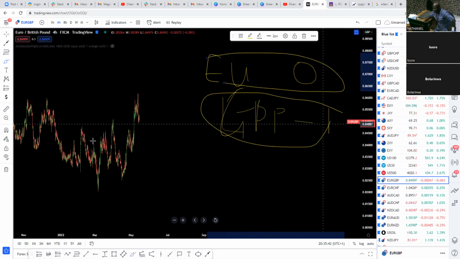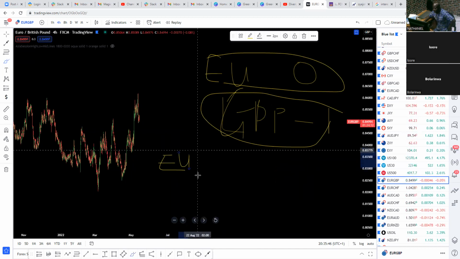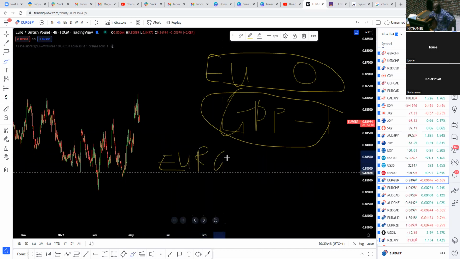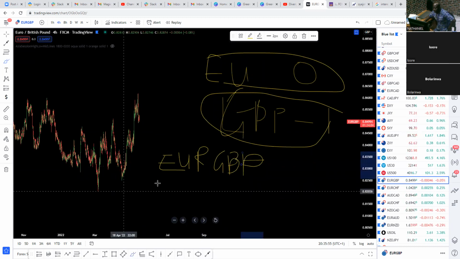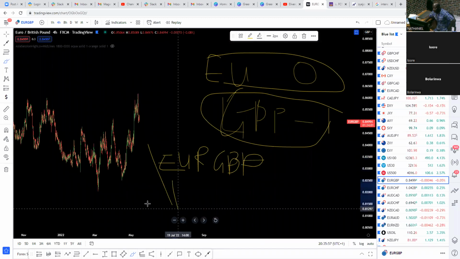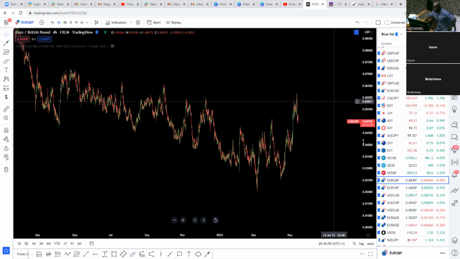It pays to buy GBP. If that is the case, if we now have Euro GBP, it's better to look for what? Sell opportunity.